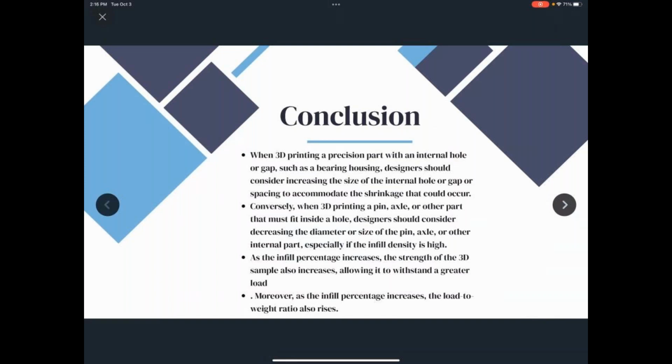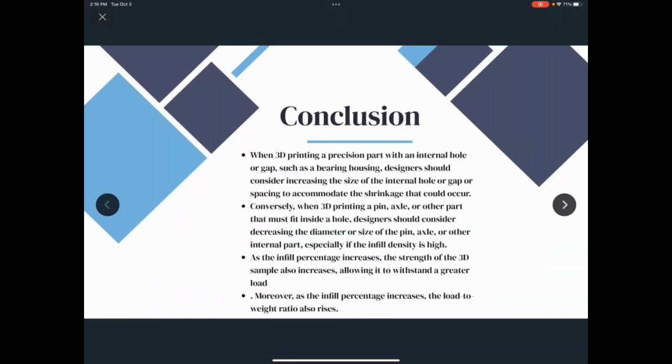And we realized this due to our other projects for mechanical and machine, where we realized that as we increase the infill densities, the pin or the axle could not go into the designed hole.